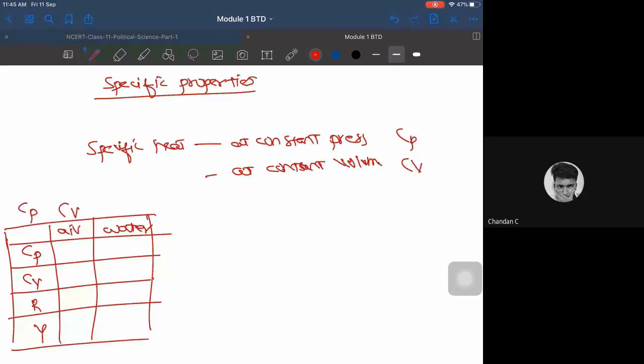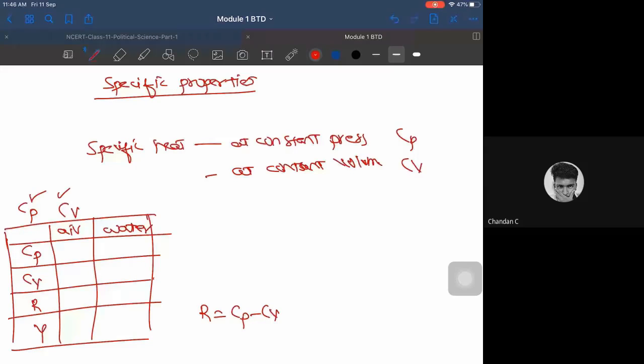Cp and Cv I have just told you: specific heat at constant pressure and specific heat at constant volume. Now how do you get R? R is your universal gas constant. Hope you have heard of it somewhere in second PU. R is Cp minus Cv. The relationship between Cp, Cv and R is that R is the difference between Cp and Cv.